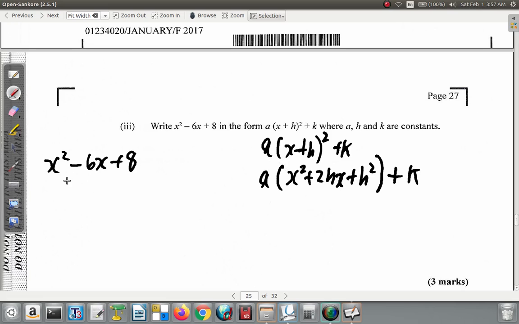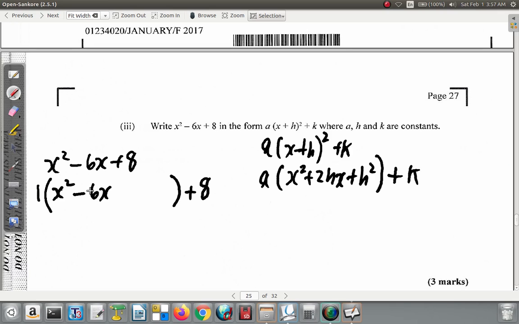What we'll do is have the x squared minus 6x, close a bracket here and put the plus 8 outside. We want to fix up the x squared minus 6x. They have an open bracket with a outside. If we open the bracket, it would be 1 that we put here.